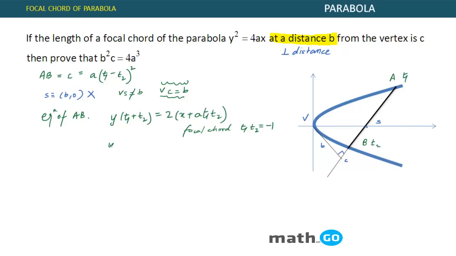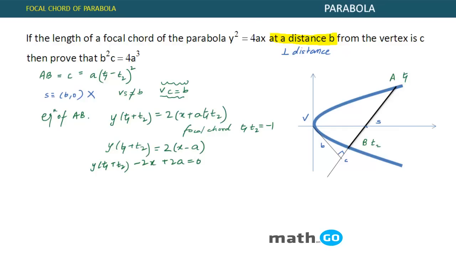So I can say this becomes y(t1 plus t2) equal to 2(x minus a). This is the equation of the focal chord. So if we combine this and write, this becomes y(t1 plus t2) minus 2x plus 2a equal to 0. Now you want to find this distance VC.